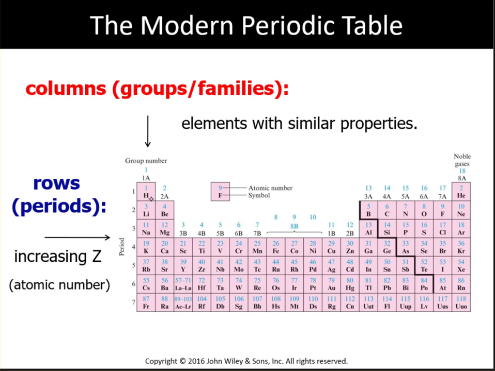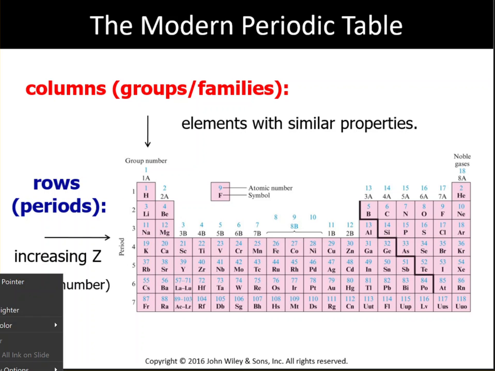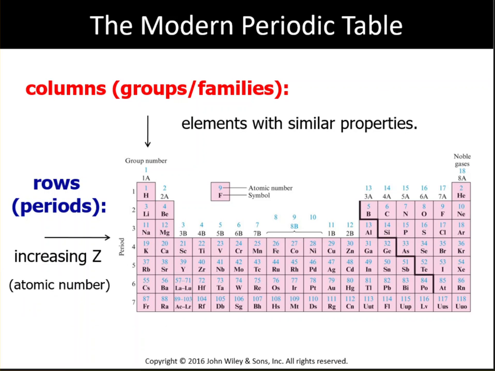For example, hydrogen is in period 1, and it's the first element of period 1. So these period numbers basically represent the n. Any element in period 1, n equals 1 is being filled up. Any element in period 2, n equals 2 is being filled up, and so on and so forth.